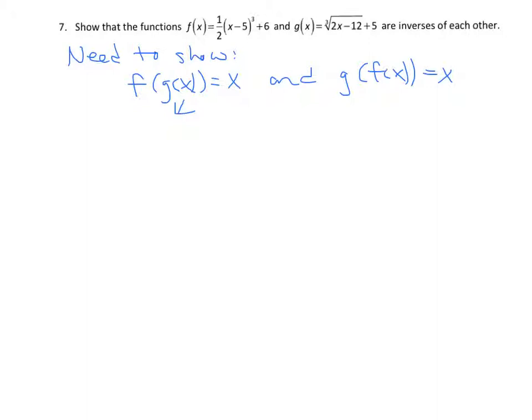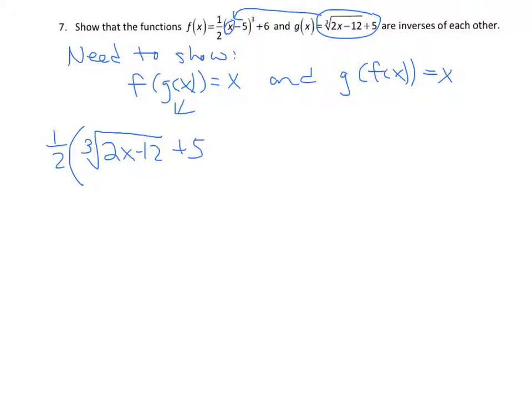So we get 1/2 parenthesis, I replace this x with this function, and we get cube root of 2x minus 12 plus 5. And then we have a minus 5 from here, cubed plus 6.